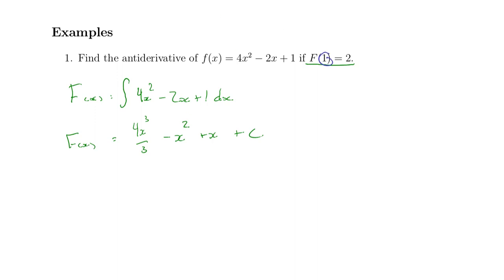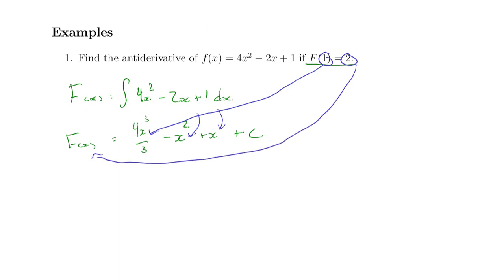But now we have these two values. This is an x value, so we're going to plug it in here. And 2 is a y value, so we're going to plug it in there. So I've got 2 equals 4/3, if I plug 1 in here, minus 1 plus c, or 2 equals 4/3 plus c. Now I can solve for c.